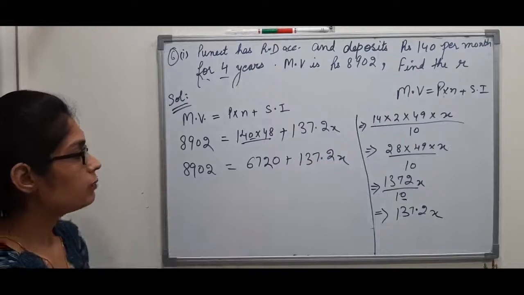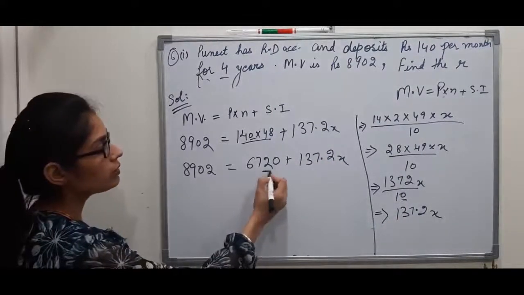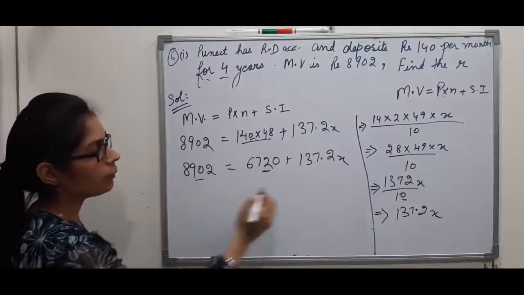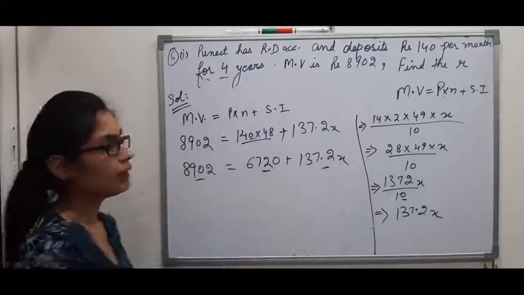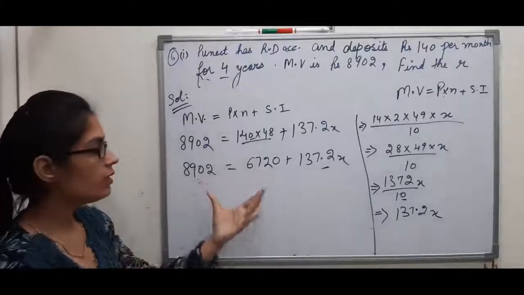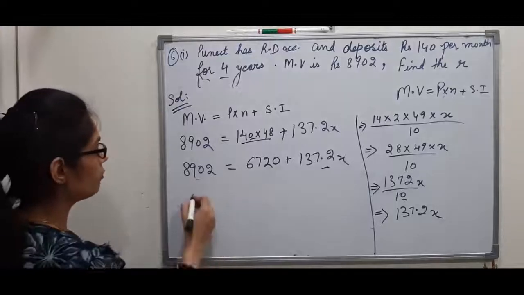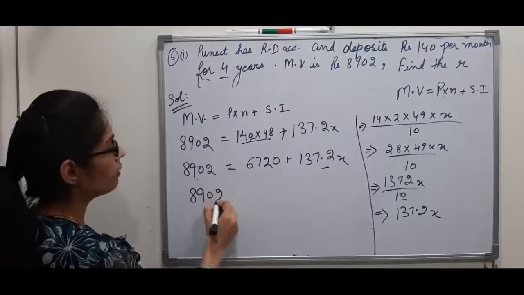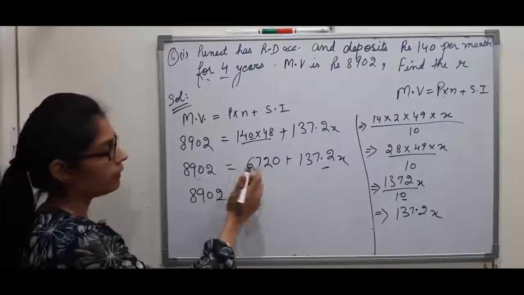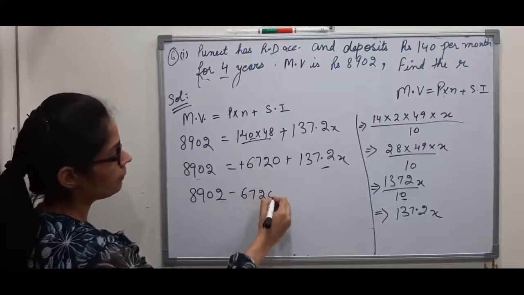Only like terms can be added or subtracted. This is a simple number, this is also a simple number, but this is a number with a variable x. So I can only add these two numbers because they are like terms. So I will just shift the side of this number. It is plus on this side; on changing the side, this number will have a minus sign.